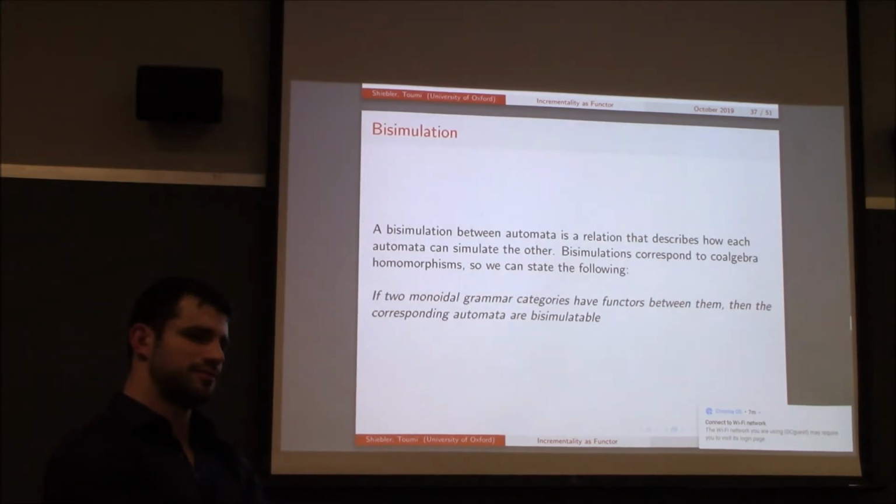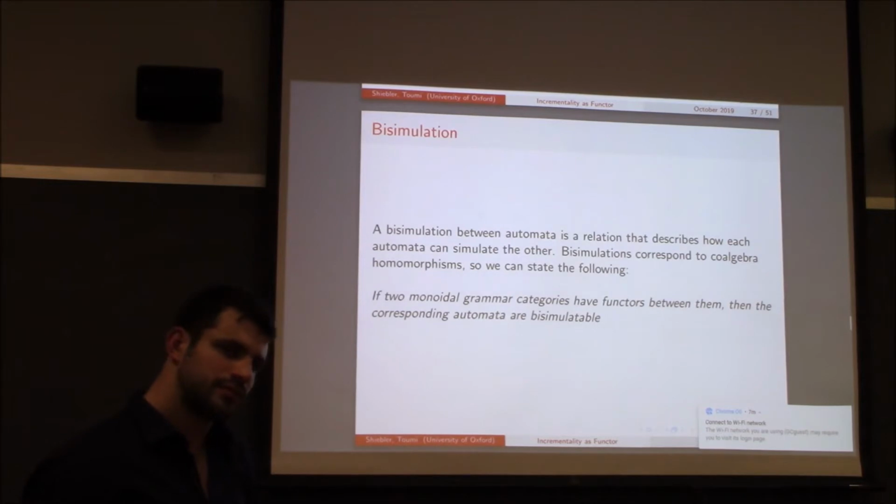Like, I can produce a really trivial monoidal grammar category, like a terminal-ish one, right? Yep. And I can probably make functors to and from it for most other categories. No, because if you have a terminal category that makes all the words go to the same place, then that won't have functors most other places because it won't preserve structure.